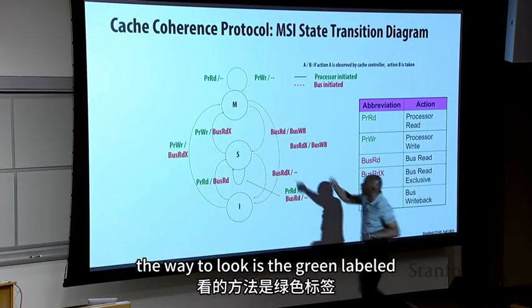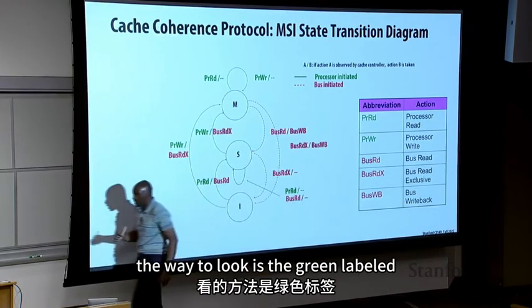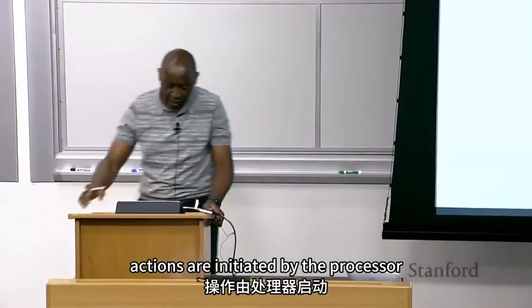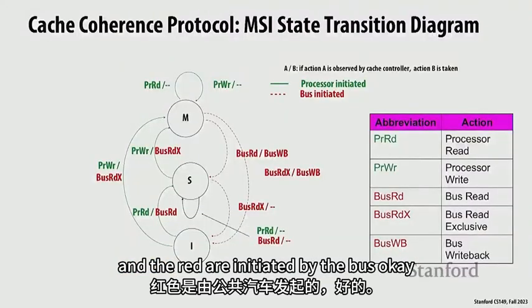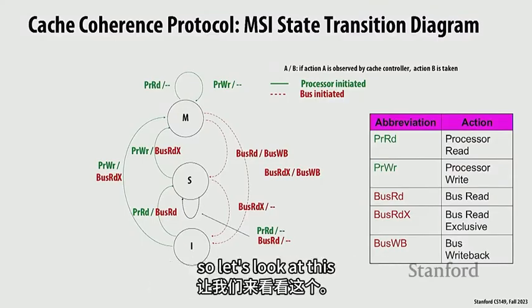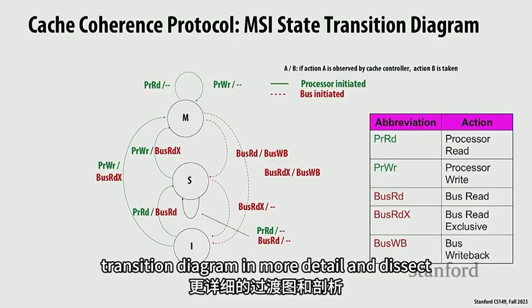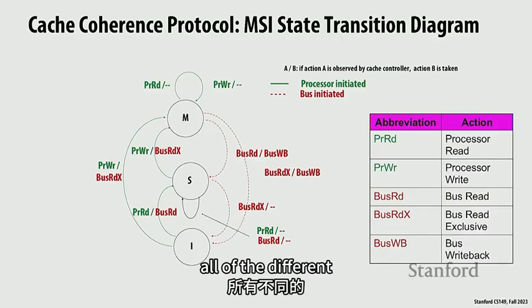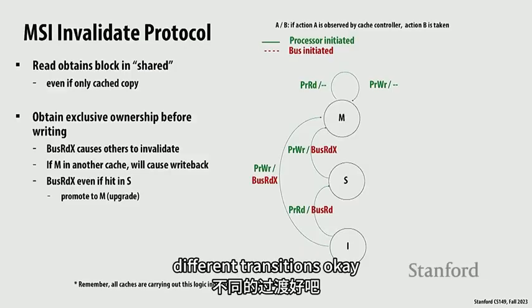And the way to look at it is that the green labeled actions are initiated by the processor, and the red are initiated by the bus. Okay, so let's look at this transition diagram in more detail and dissect all of the different transitions.